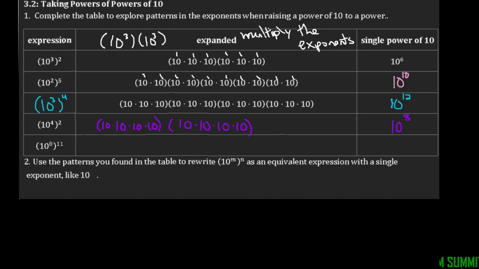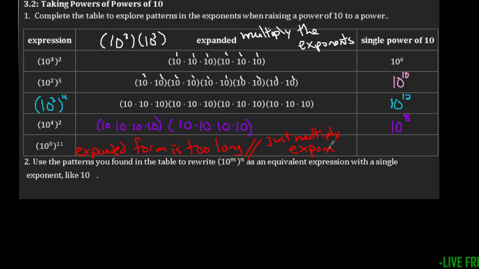And for that last one, there are way too many in here, so expanded form is too long. What we're going to do is just multiply the exponents together.